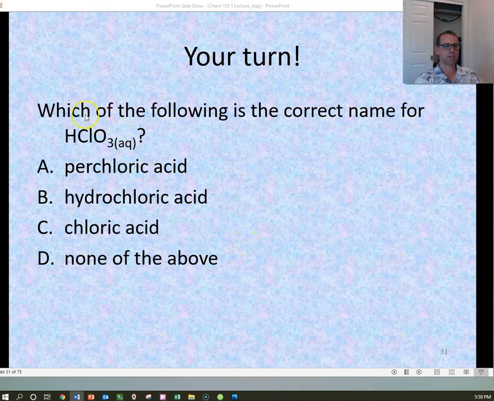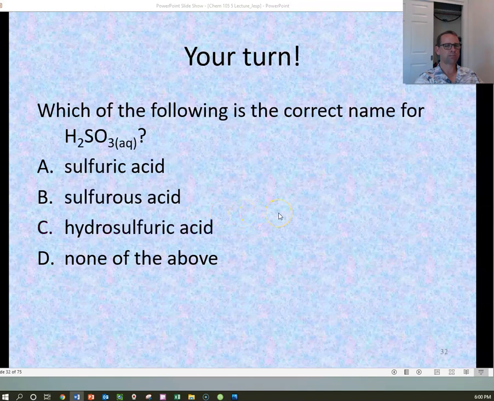HClO3: the ClO3 ion is chlorate, ATE goes to IC, so this is chloric acid. H2SO3: SO3 is sulfite. ITE goes to OUS, sulfurous acid. Good.